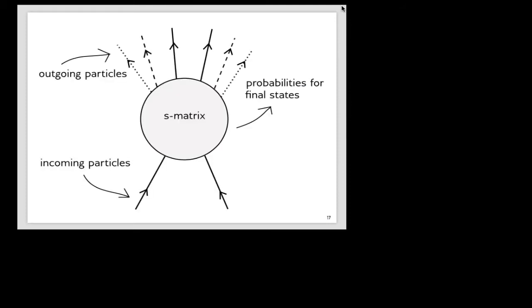So when we do this, the way that we characterize this kind of scattering in the formalism of the theory is we take a particular collection of incoming particles and we calculate something called the S matrix, which tells us the probabilities for finding a particular collection of final states.